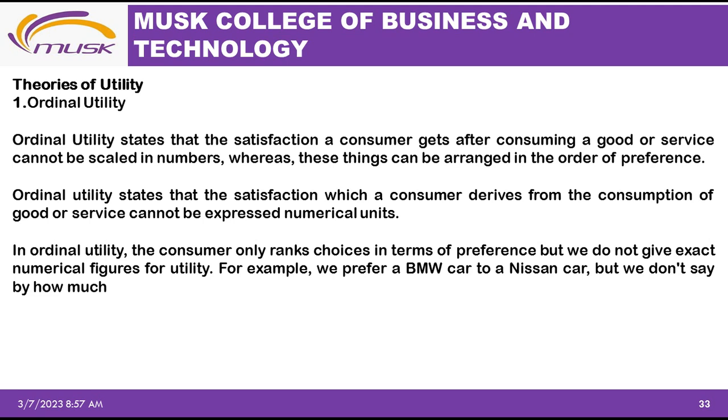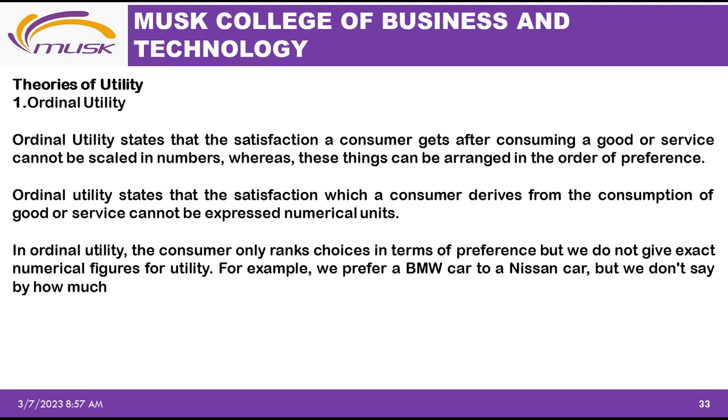So in ordinal utility, we emphasize that even if we are looking at the level of satisfaction, we cannot measure it in numbers, but we can list it in order of preferences.